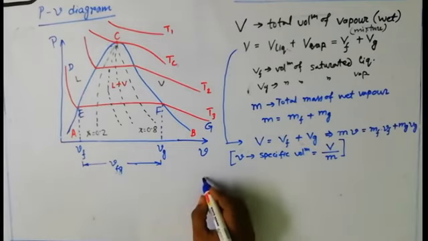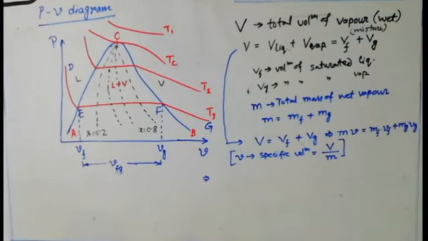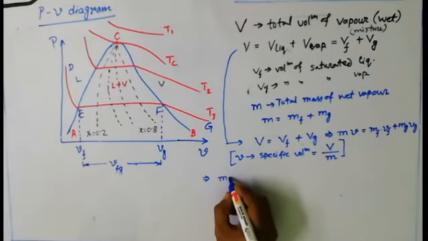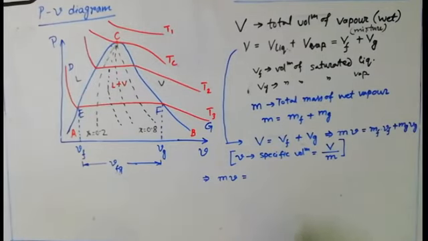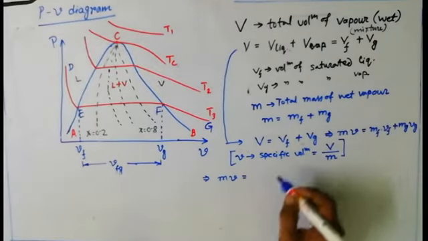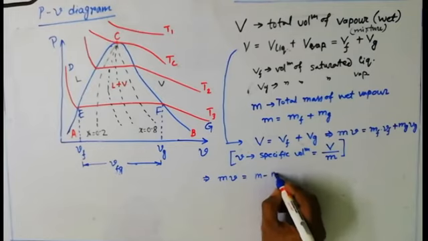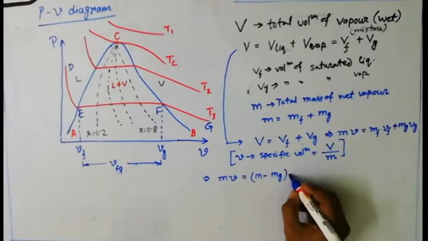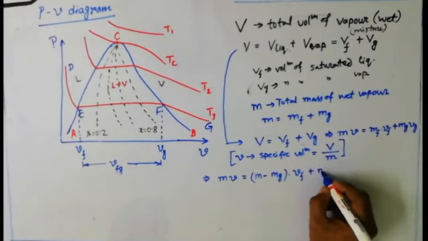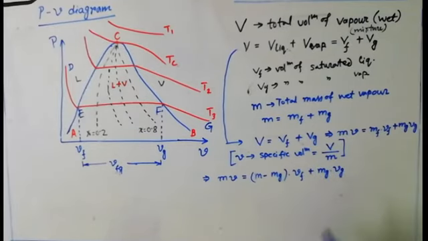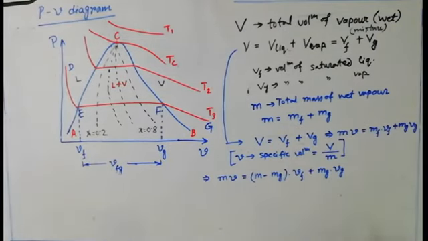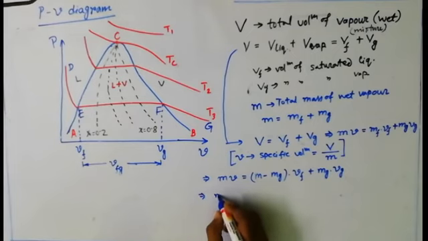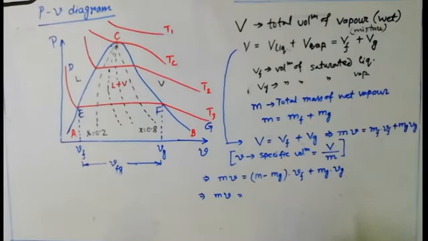Understood? So now continuing that equation, m into v, keeping that the same way, and mf I am just substituting over here from that initial equation. That means mf can be substituted by m minus mg, isn't it, into vf plus mg into vg. I have just substituted mf from this equation. Now I intentionally take a common factor from the right side, mind it, they are all small v.